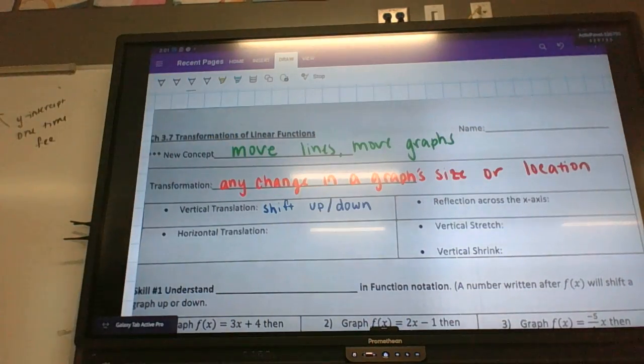Horizontal translation. Does anybody want to guess what that one is? Yes, shift horizontally. I like to say left, right. Horizontally is even better. So a horizontal translation will move it left, right.